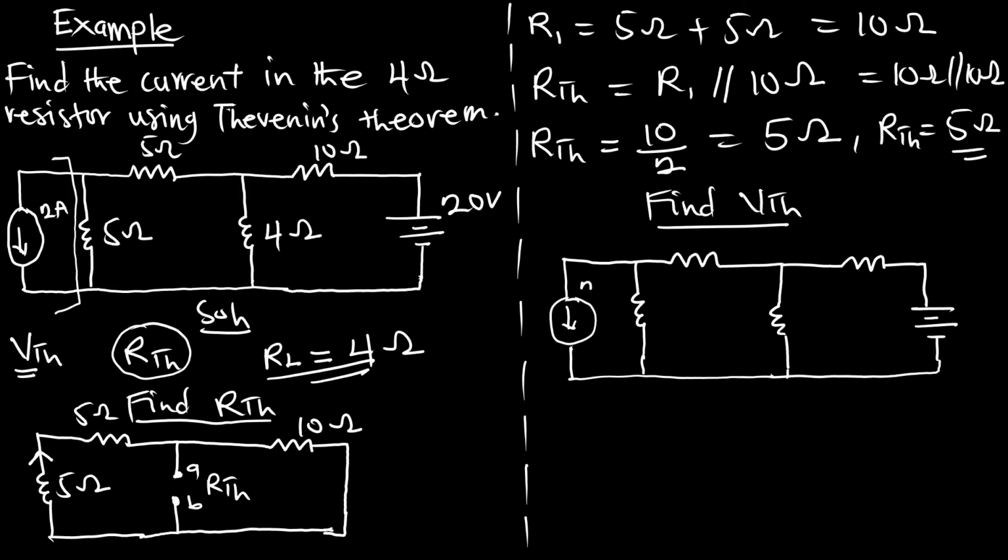So here we have 2 amperes. This is 5 ohms. This is 10 ohms. This is 20 volts. Let's pay attention here. This is going to be out, because we are going to find the current across the 4 ohms, meaning we are going to open the terminal as we did. So here it will be for our VTH. Are we okay? So now let's look at this.